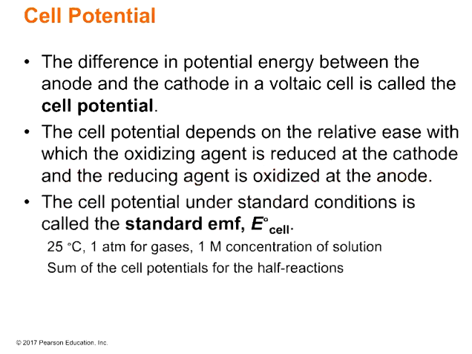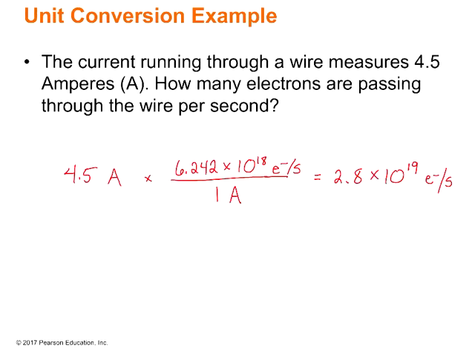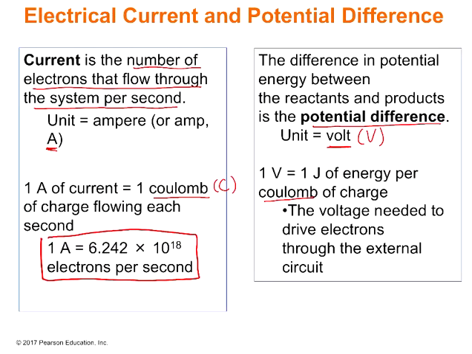So now let's talk about that cell potential. We said a couple of slides ago that the difference in potential energy for an electrochemical cell is the potential difference. So let's go back. Remember, the difference in energy between the reactants and products is the potential difference.